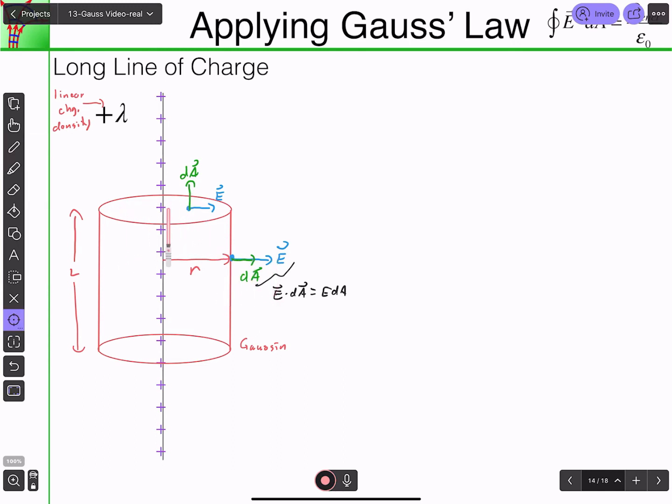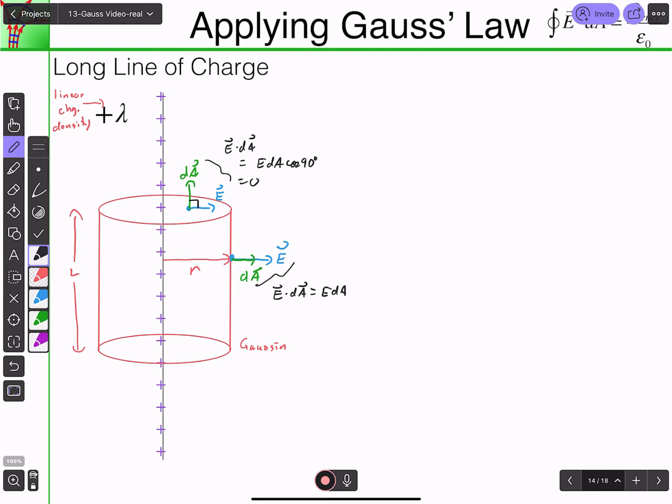But on the top surface, the electric field is still pointing away from the line, while the area vector is pointing straight upwards. So these are perpendicular, which means that the dot product is going to be 0, because E dot dA is equal to E times dA times the cosine of 90 degrees, which is 0. So there it's going to be 0.